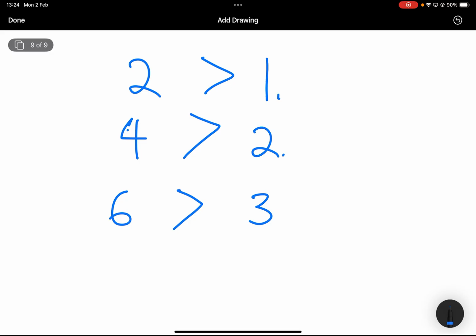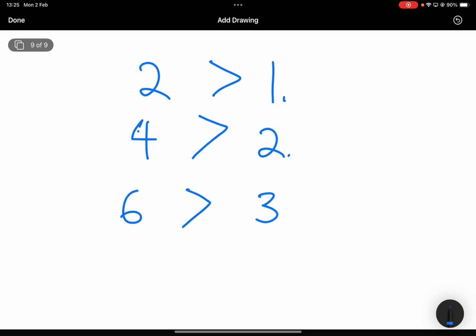If my 6 is bigger than 3, I divide both sides by 3. 6 divided by 3 is 2, 3 divided by 3 is 1. My left will still be larger than the right. So whenever I'm multiplying or dividing by a positive number, the relationship doesn't change.